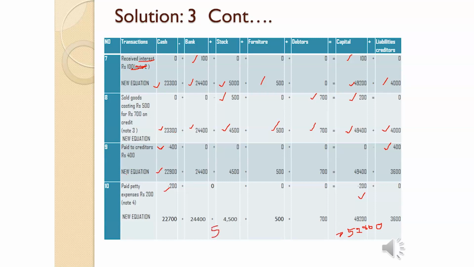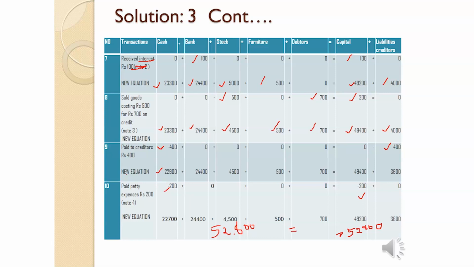So the asset side total and the liability side total would be equal here. 52,800 is equal to 52,800. So the accounting equation should be proved. Okay. Do you understand?